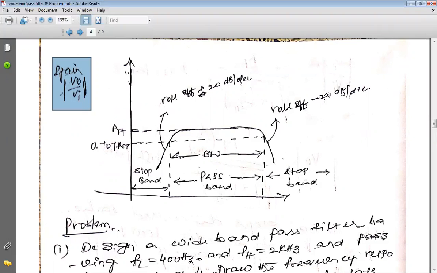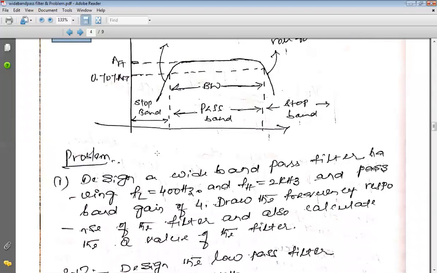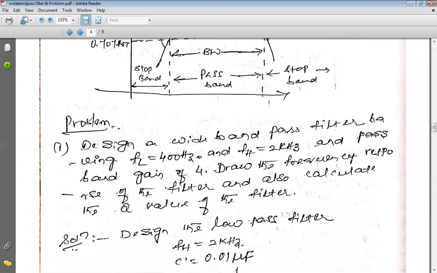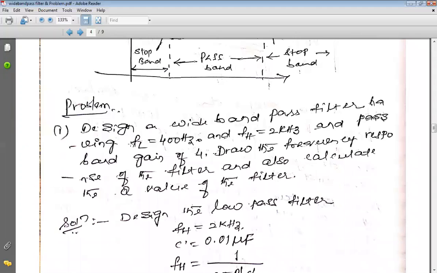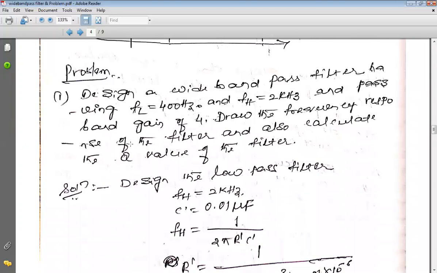In the previous class we discussed this, so you can refer to the notes, and in this one we will discuss a problem on the wide band pass filter. Here we have to design the band pass filter.